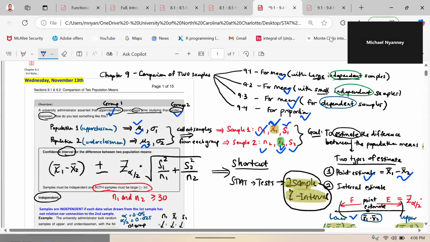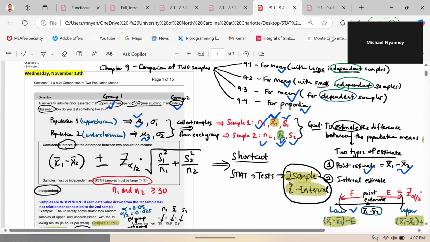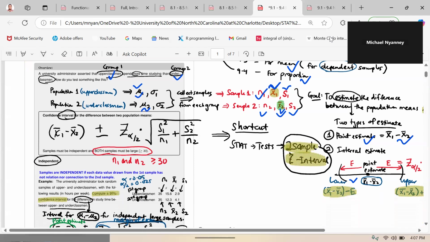As well, we also want to get an interval estimate. So we want to find an interval within which we believe the difference between these two population means will fall. So we also have the interval estimate. Just as we've done already in the one sample case, we did x bar plus or minus E, where E is the margin of error. If you've forgotten, just revisit your book and you will get it.